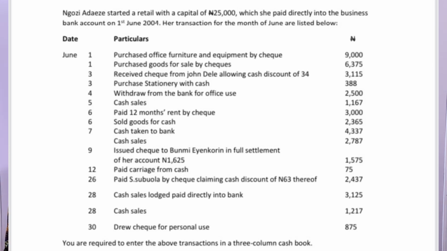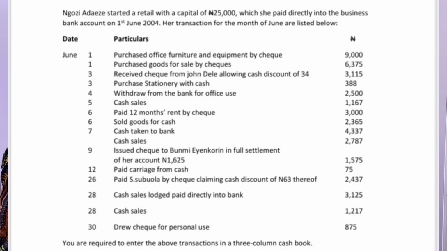Issue check to Bumi Eyenkori in full settlement of our account. 12. Paid carriage from cash. 26. Paid S Subola by check, claiming cash discount of 63. 28. Cash sales lodged directly into bank. Then 28. Cash sales. 30. Check for personal use.